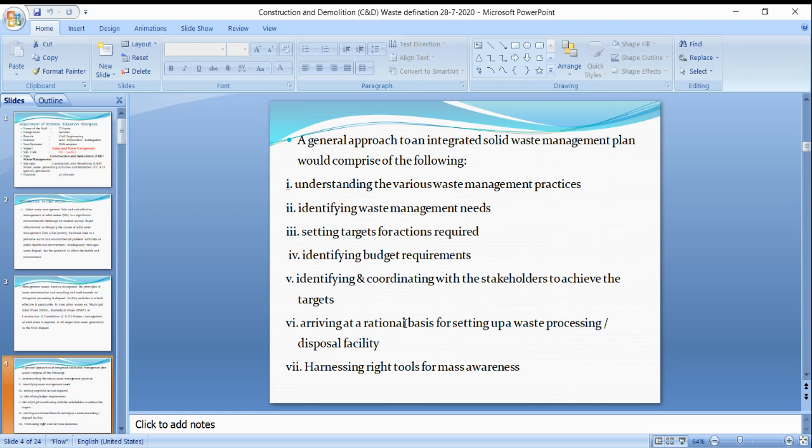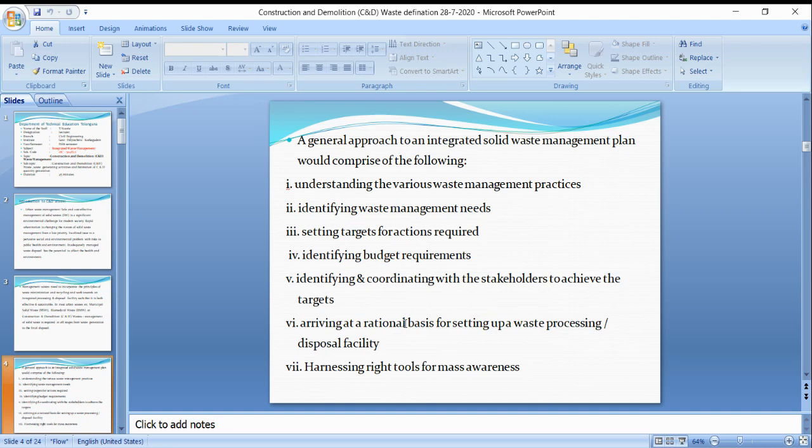Identifying the waste management needs: they identify the waste, and they should also identify the needs of that waste management, what type of equipment is required.